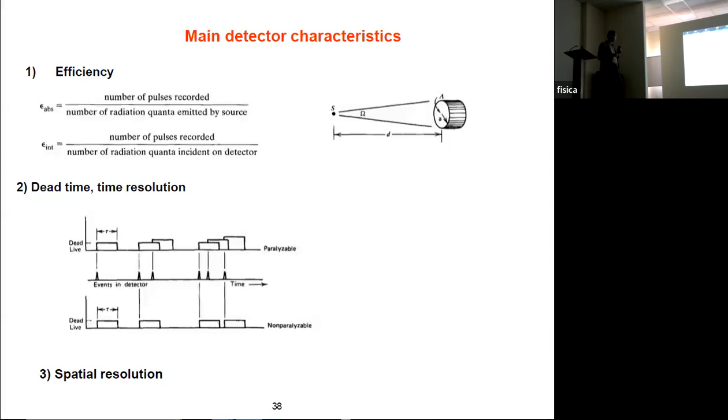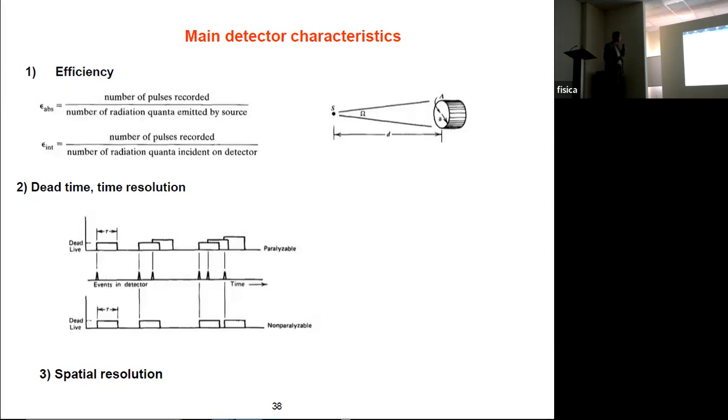And of course, if we look, the major part of all gamma rays will be emitted elsewhere, and you will get only a small fraction of gammas. And actually, absolute efficiency is always less than 100%, less than unity.